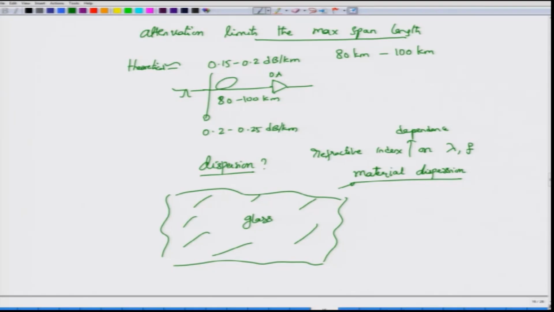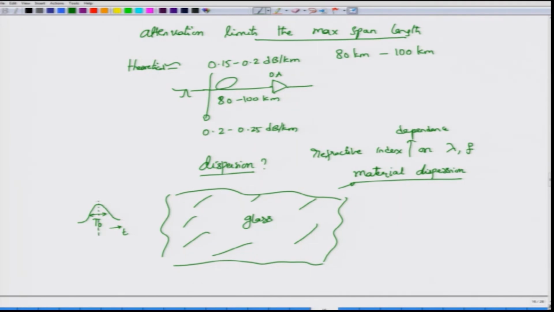And what is the result of this material dispersion? You might have launched an optical pulse with respect to time, let us say, with some pulse width of t0. This pulse width t0 is normally measured with respect to the half power points.